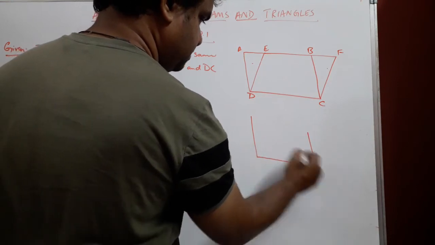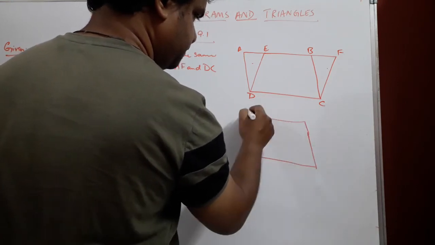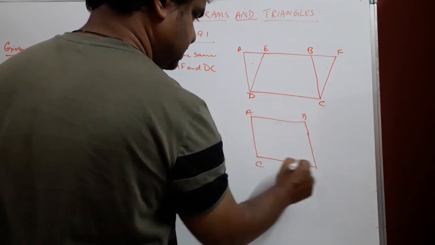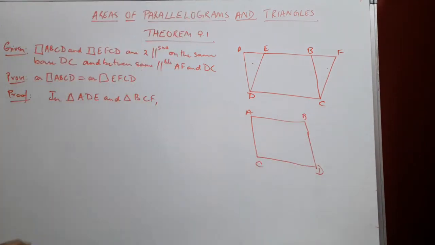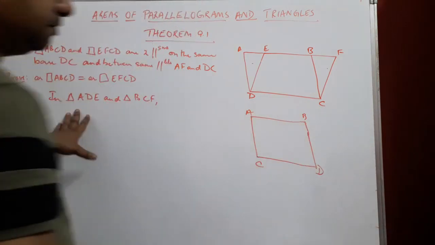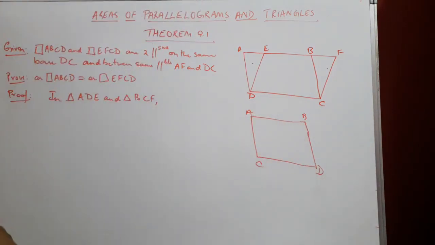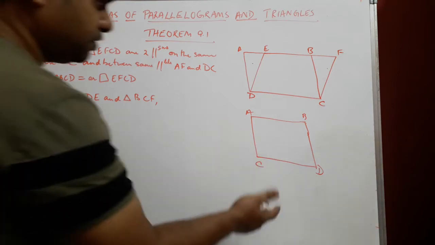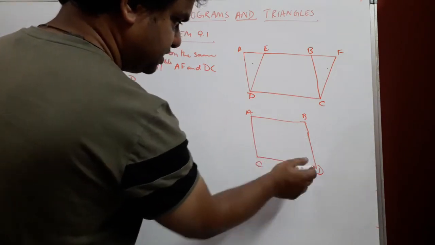This is your ABCD, and we'll focus only on this for now. Now in this ABCD, we know that this line is parallel to this line. That's what we are given. We are told that it is a parallelogram, so we know also that AC is parallel to BD.